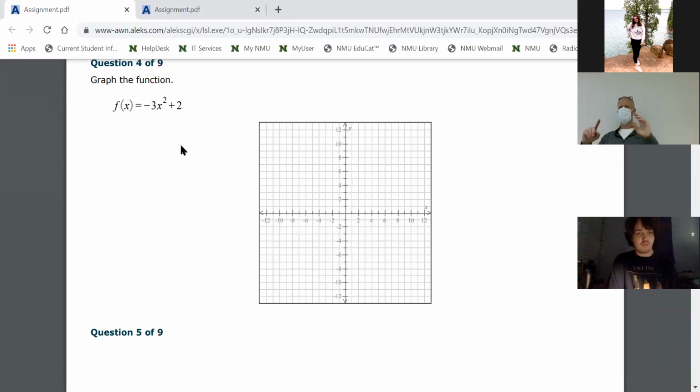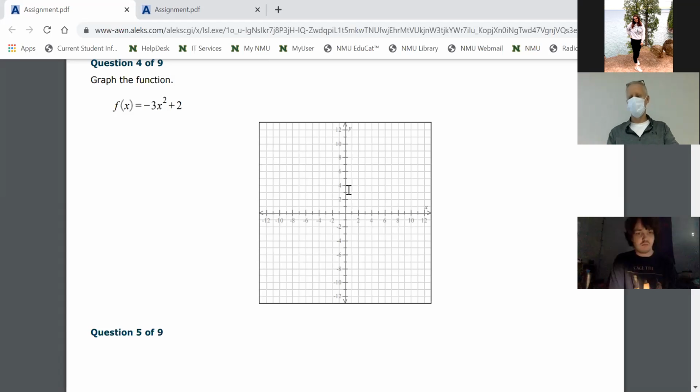Narrow. Because it's negative, it flips it upside down. And what does that plus 2 do? Because it's not in parentheses, so it's not 2 left. It's 2 up. So the vertex 0, 0 would go to 0, 2. It wouldn't be going left or right at all. I'd be starting at 0, 2, and then things are going to be really super skinny, opening down towards the bottom of the page.